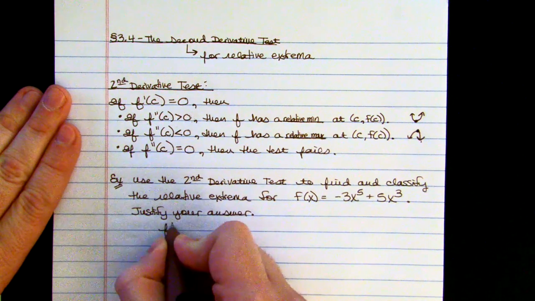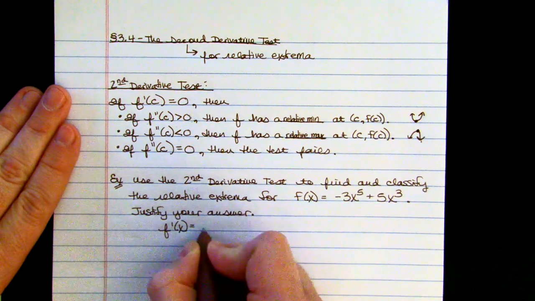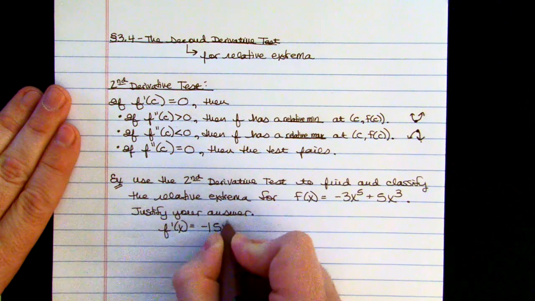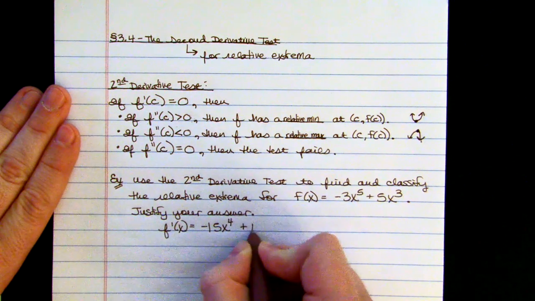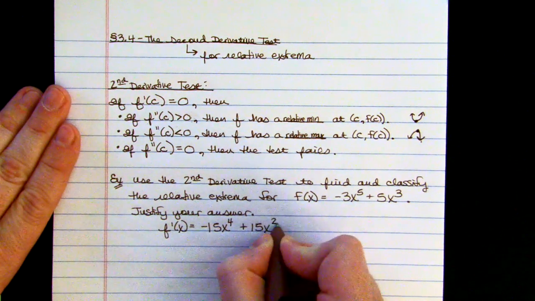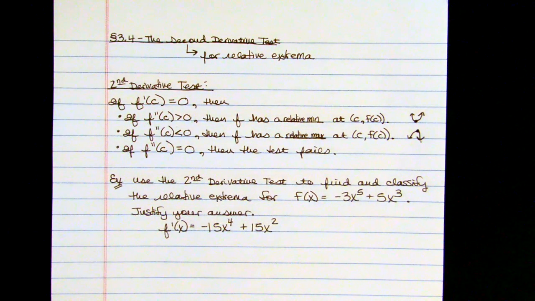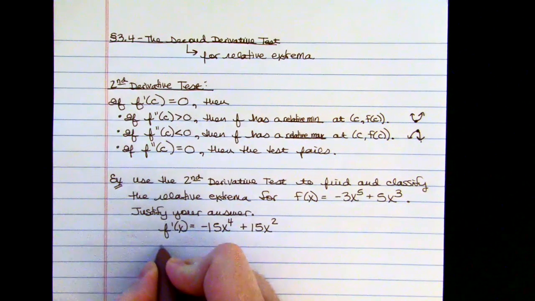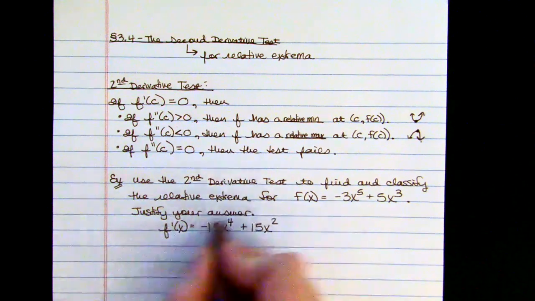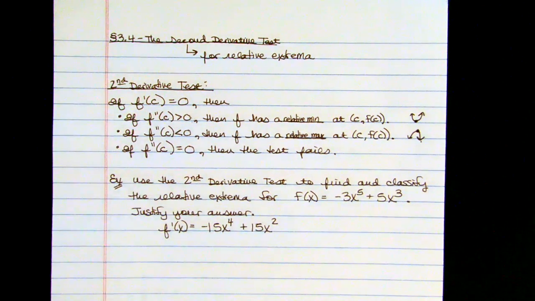My first derivative is f prime of x equals negative 15x to the fourth plus 15x squared. And then I need to find where this first derivative is going to equal 0. How about you take a moment, do some factoring, find your critical values, find what makes your first derivative equal 0, and send those into Edpuzzle.